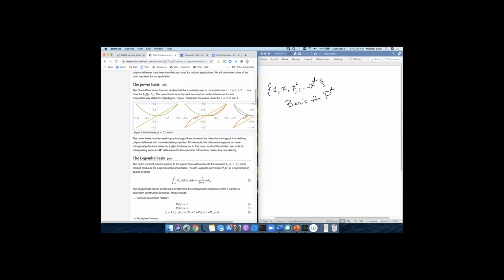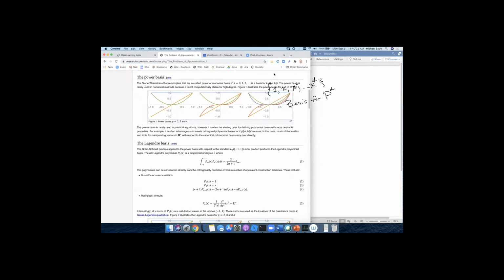But this is a very instructive basis to look at, because for those of you using finite elements, we never use the power basis for anything. So let's take a look at this basis more carefully.